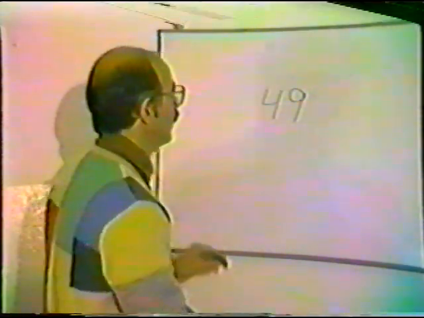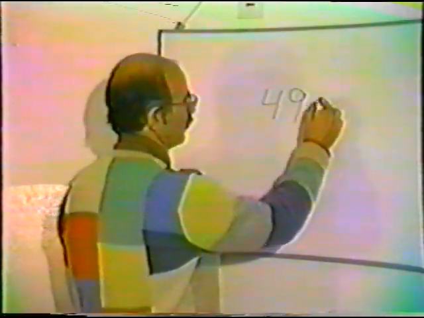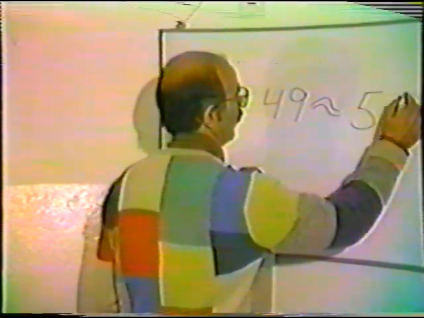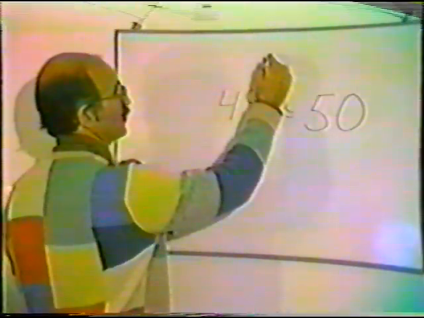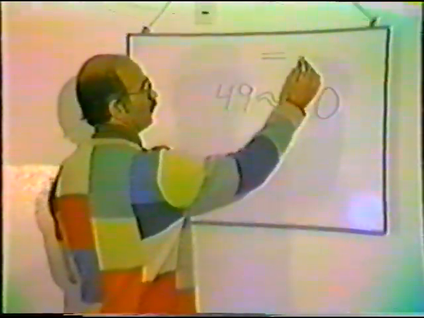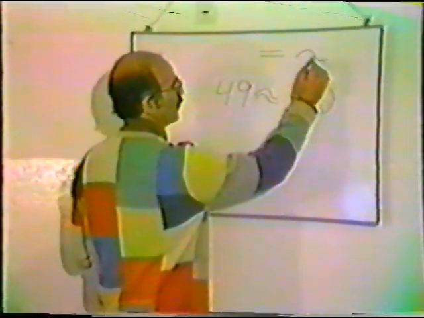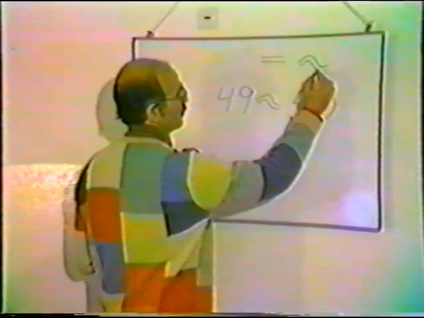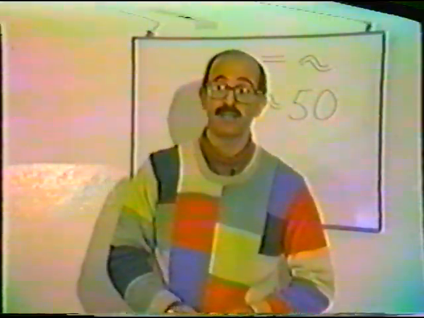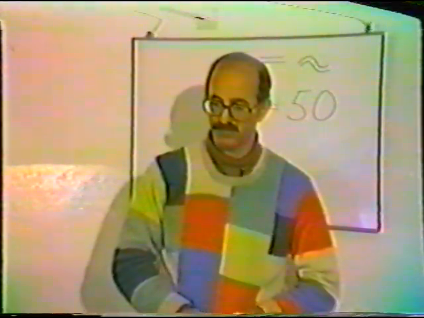So we say 49 is approximately equal to 50. Our usual equal sign looks like that. But when we round off a number, it's approximate, so we put a little wavy line in our equal sign.